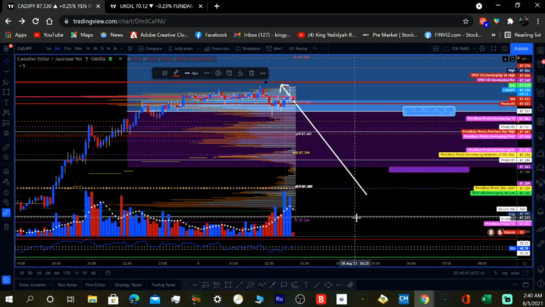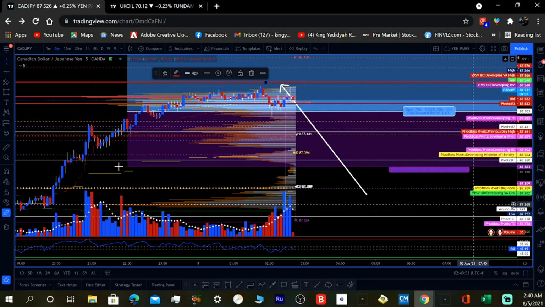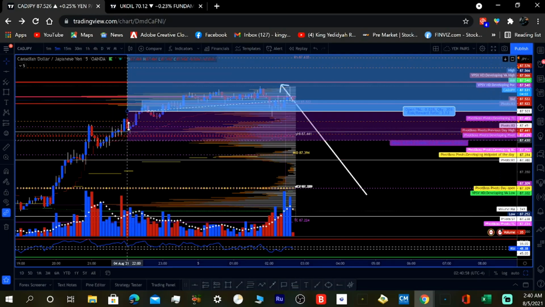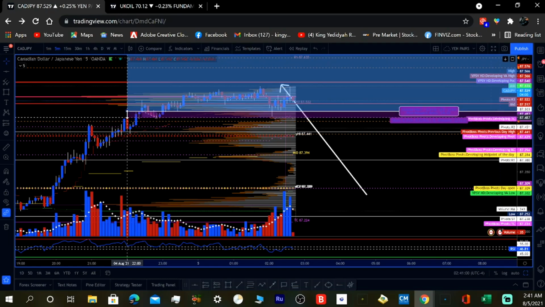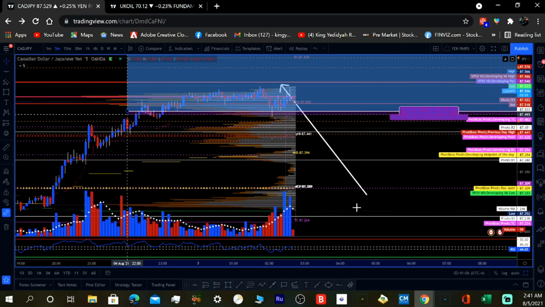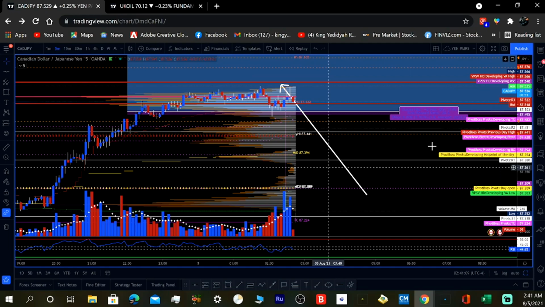So with that being said, this is what I'm going to do. I'm going to go on MetaTrader 4 to fix this, but what I'm going to do is break even this trade. Alright, so I'm going to break even this trade on MetaTrader 4.